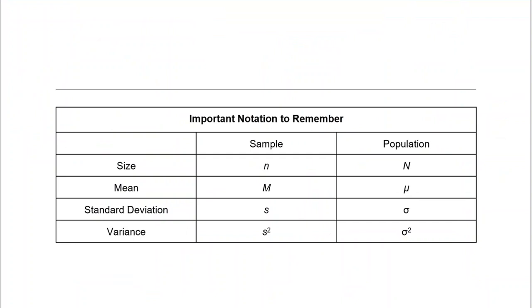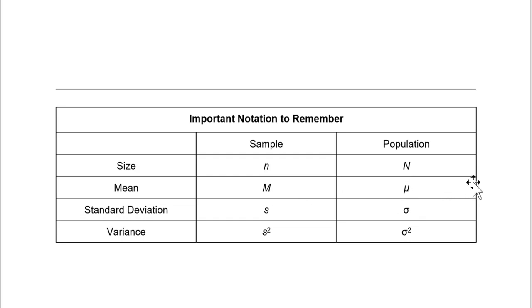So here are some other notations that you'll need to remember, and I would recommend you memorize them because we're going to use them as we move forward. We have the mean, which is capital M for the sample, but then we use mu for the population mean. The symbol right here is mu, which looks kind of like a U with a line.